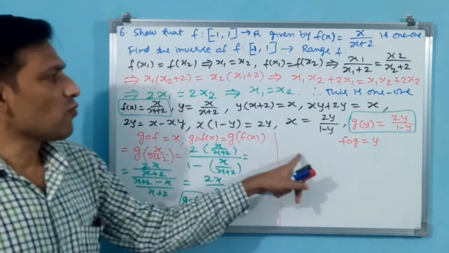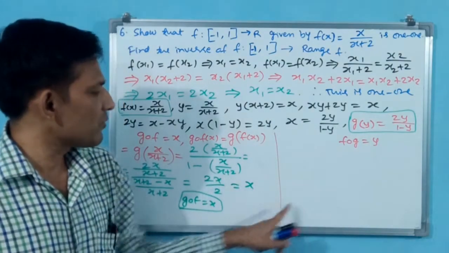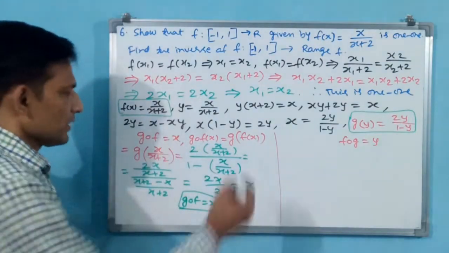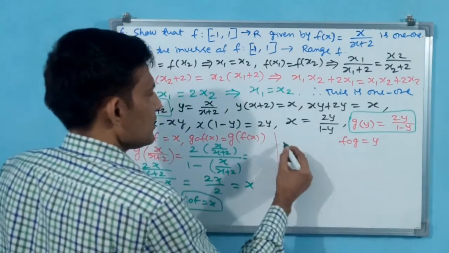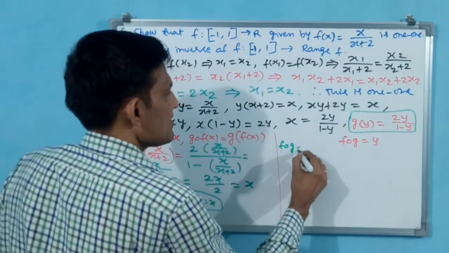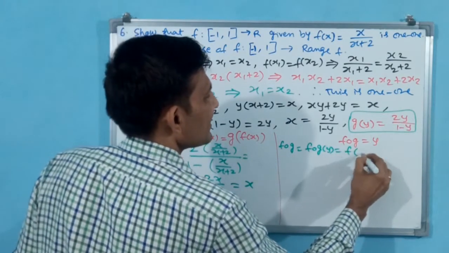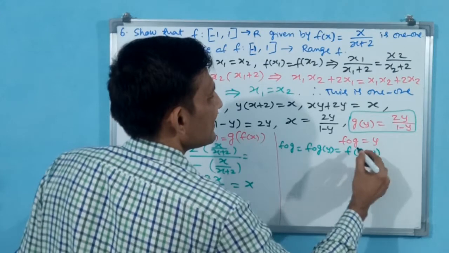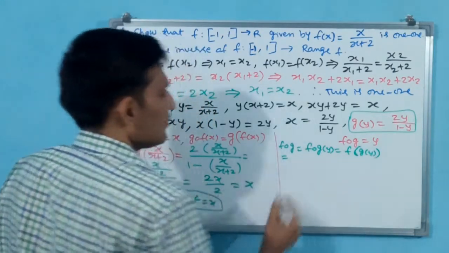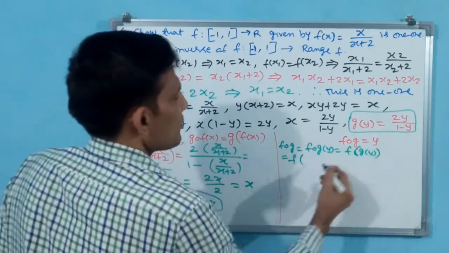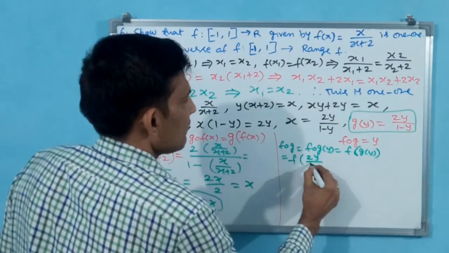Now we will see fog also. If y comes, automatically we write inverse is equal to this one. fog is equal to f of g of y. f of g of y means this one, you have to write 2y by 1 minus y.